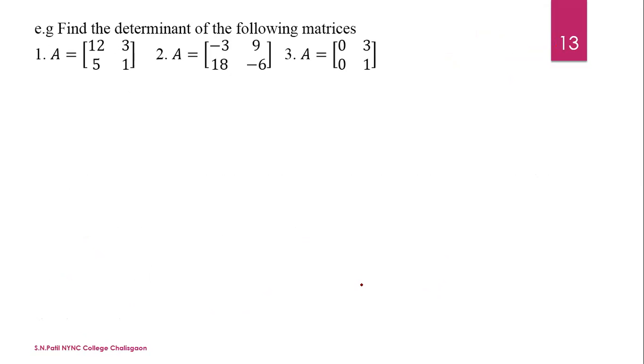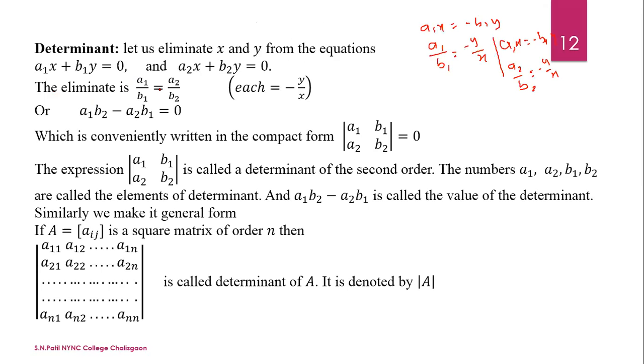Find the determinant of the following matrix. First example, let A be the matrix with rows 12, 3 and 5, 1. What is the definition of the determinant? That is a1 into b2 minus a2 into b1, meaning this cross product minus this cross product.